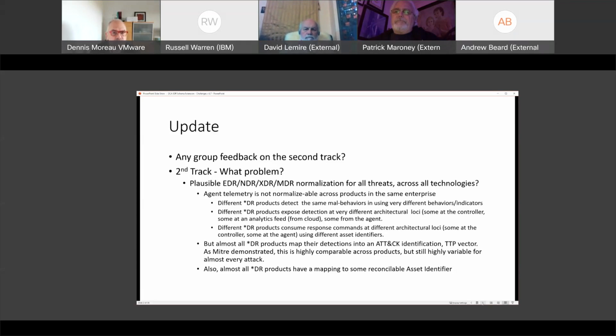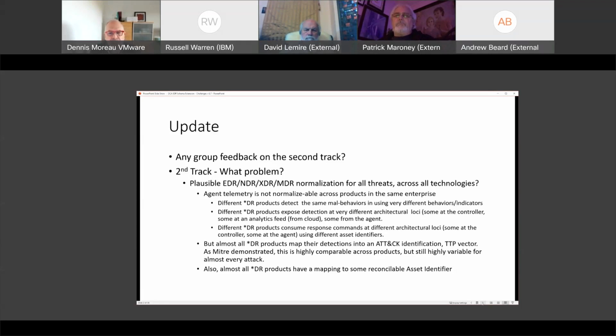This doesn't address what we originally had talked about, ADR, which is the more simplistic stuff, where I have a clear indicator and a clear mitigation point at which I might do a clear block of something simple. That isn't what EDR and NDR, XDR, or MDR are about. That is the simplest use of these kinds of technologies.